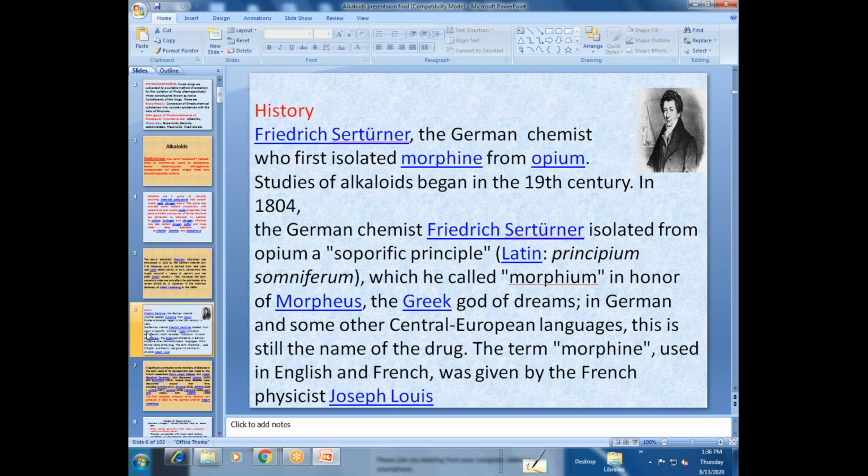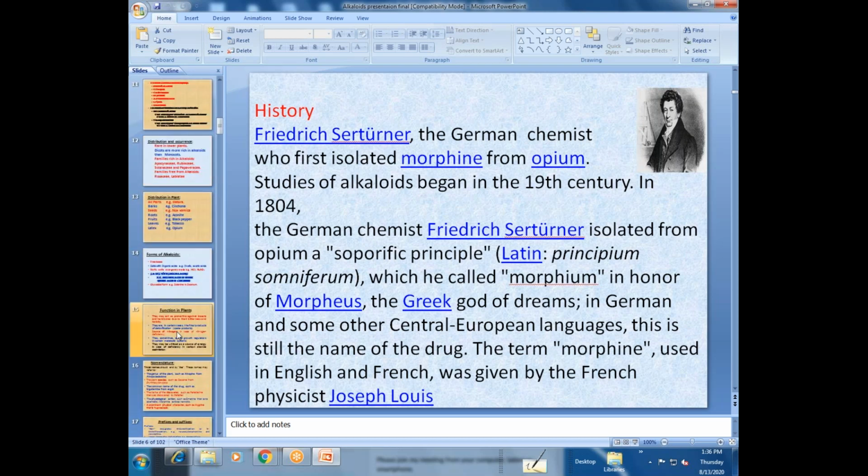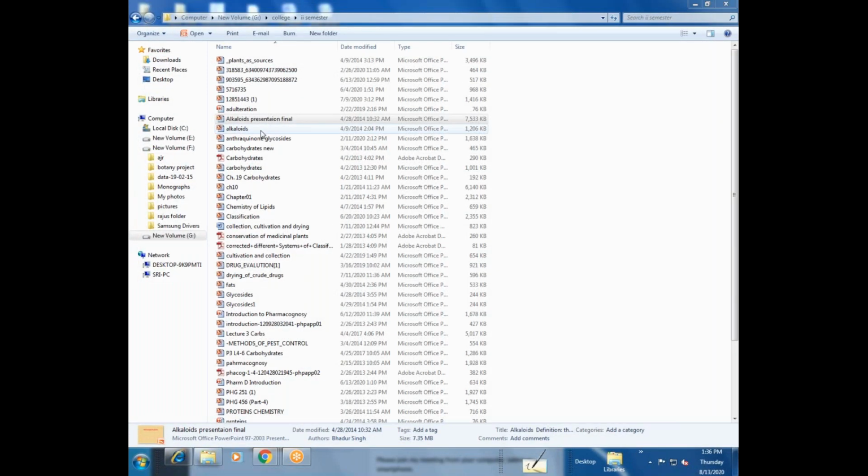These are the organic chemical substances which contain mostly basic nitrogen.